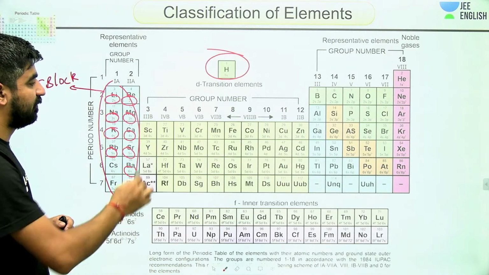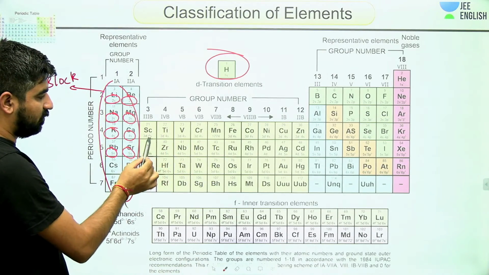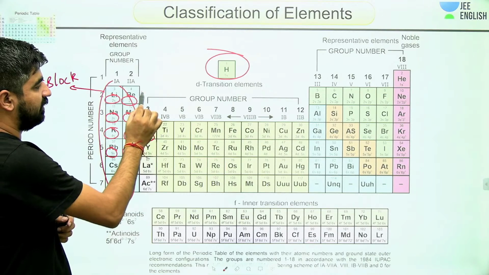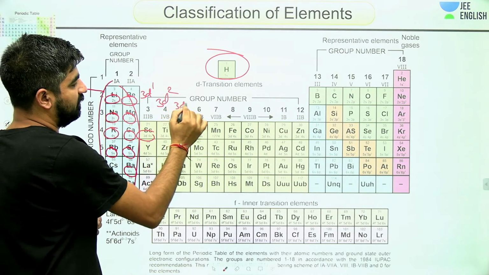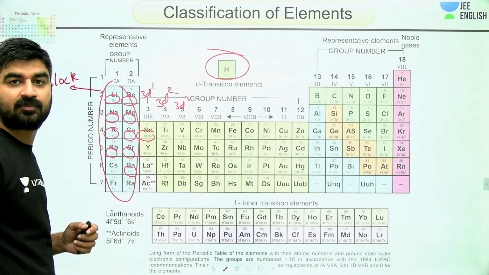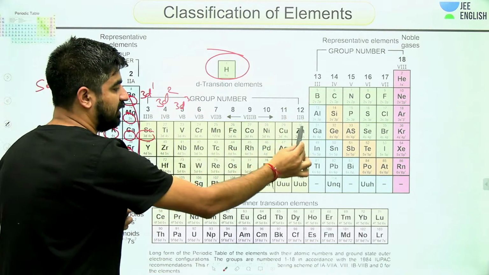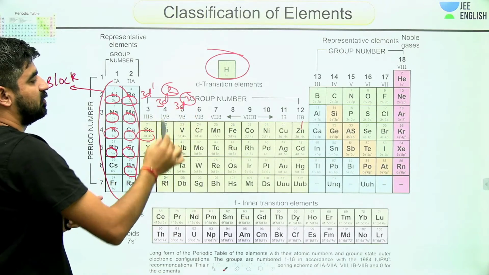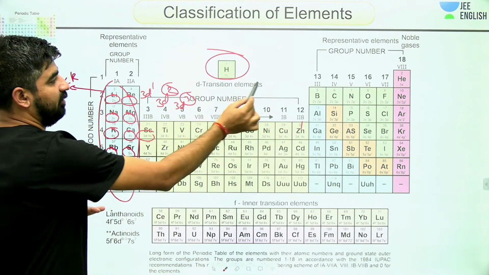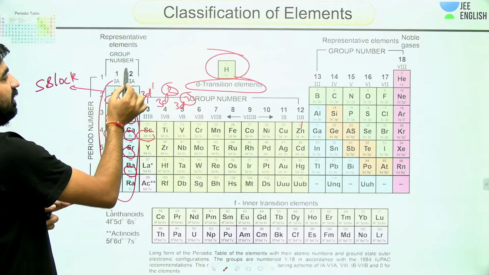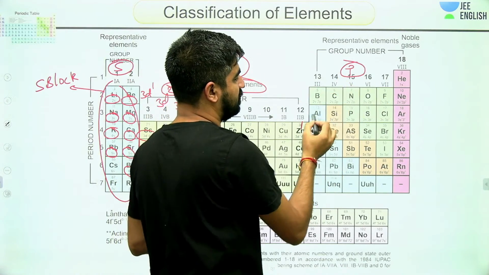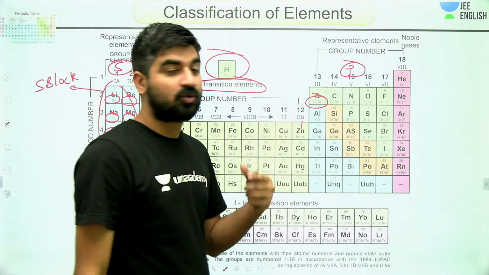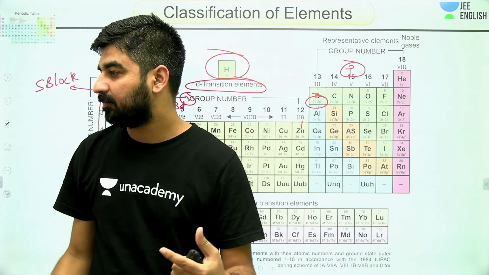Then we have D block element. If you see the configuration, it will be 3d1, 3d2, and then 3d3 and so on. Because last electron is entering into the D subshell, I will call them D block element. So these are S block, these are D block, these are P block because last electron enters into the 2p1, 2p2, 2p3, right?